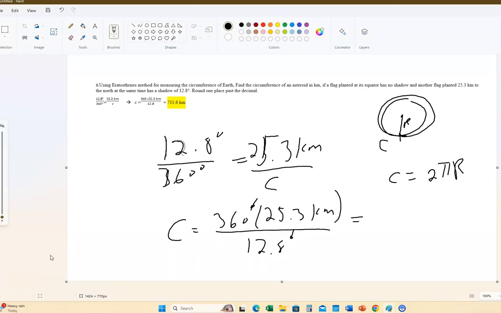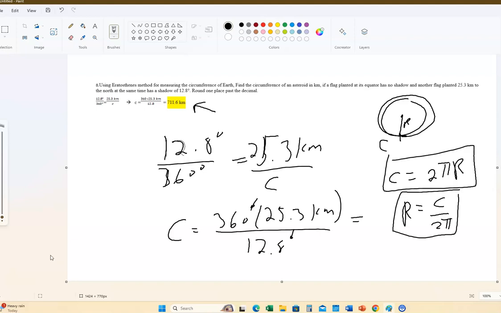Once you figure out the circumference, which I did right here, you could figure out the radius of this world. The radius would just be the circumference divided by 2 pi. So make sure you remember that. I think this formula is on our equation sheet.